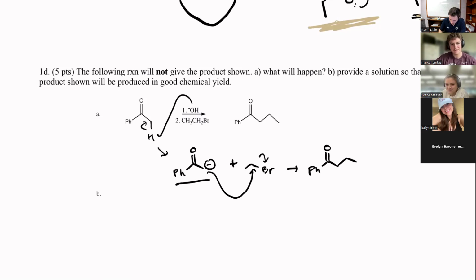So the thing is, the following reaction will not give the product shown. But that's what we're predicting we get. What's wrong with this picture? Why is this not the complete picture?